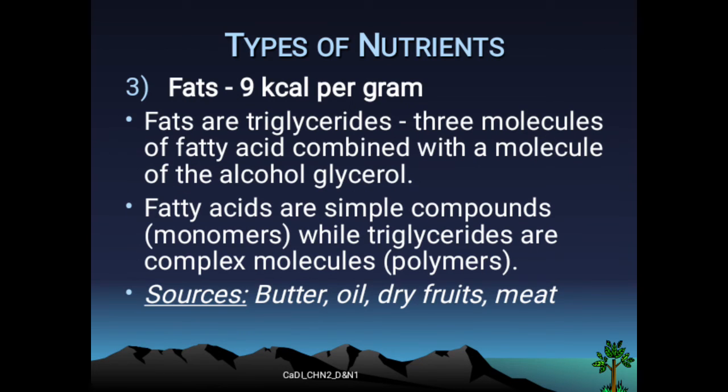Fat: 9 kilocalories per gram. Fats are triglycerides, 3 molecules of fatty acid combined with a molecule of the alcohol glycerol. Fatty acids are simple compounds, monomers, while triglycerides are complex molecules, polymers.